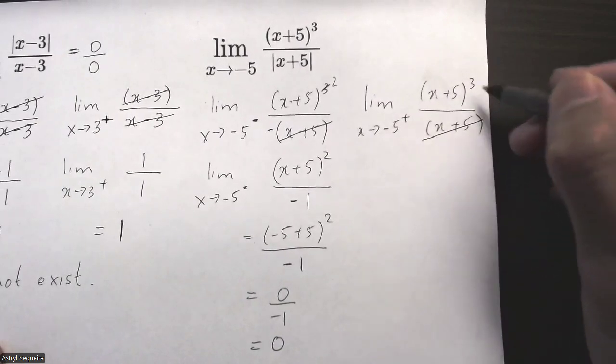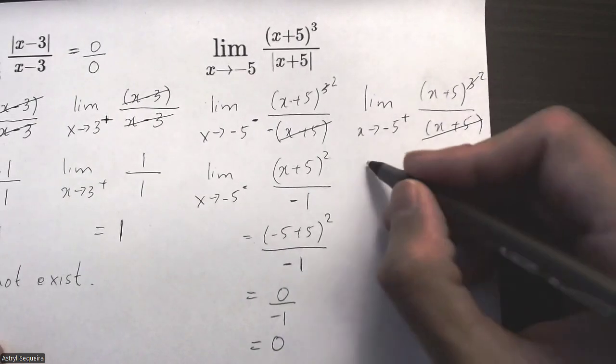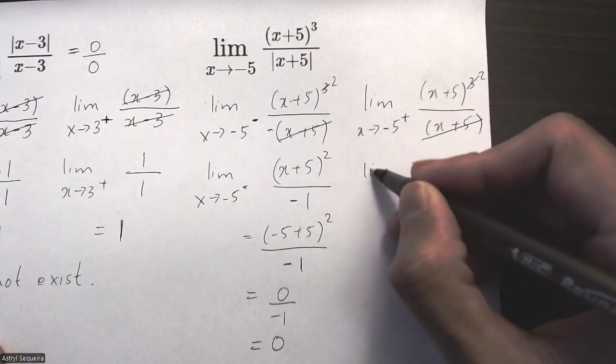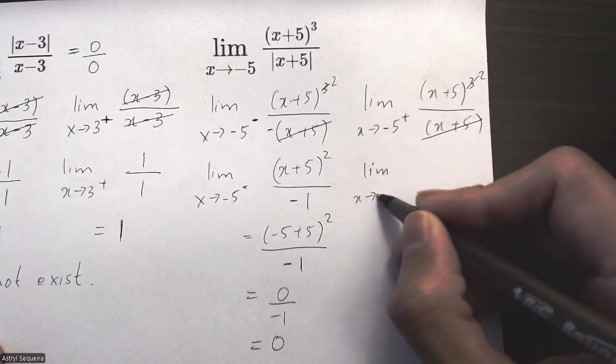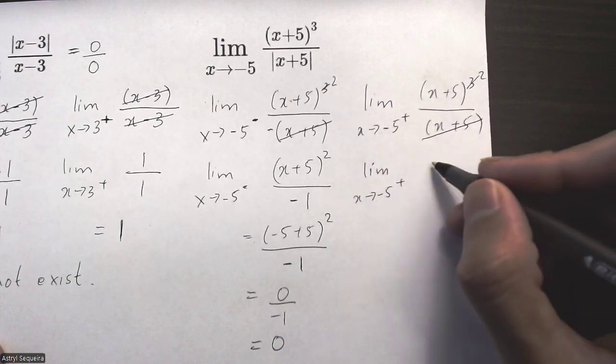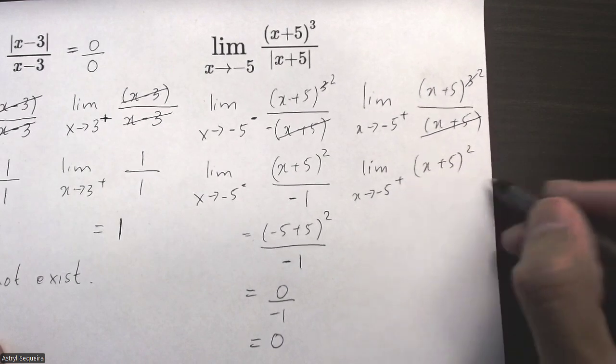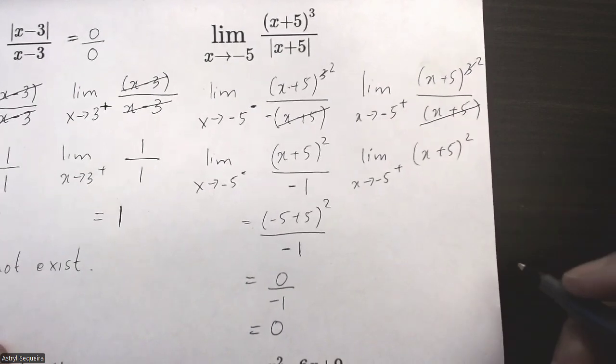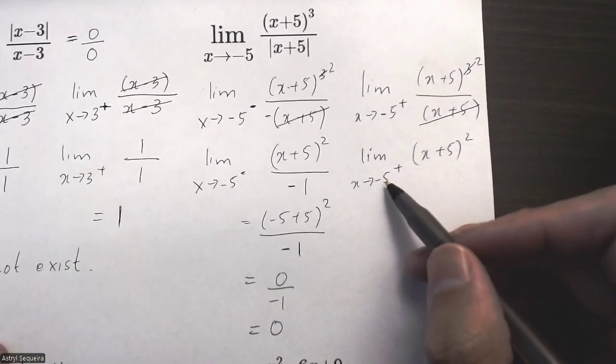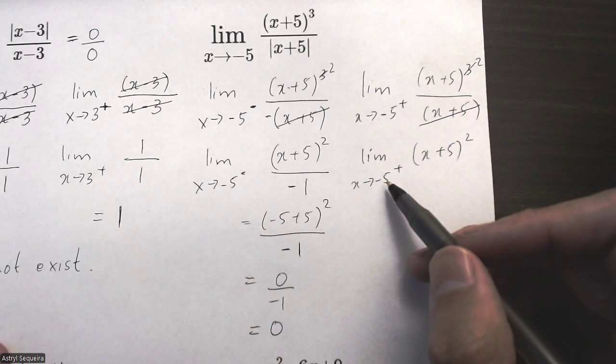I can cancel this, and this turns into a square. So I'm just left with x plus 5 square on the top. The bottom is just a positive 1, so I don't even need it anymore. I can sub in my limit into this.